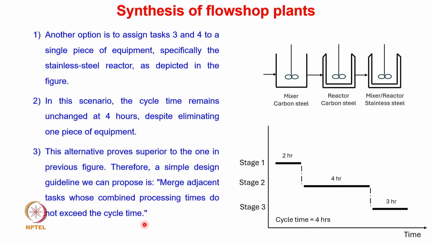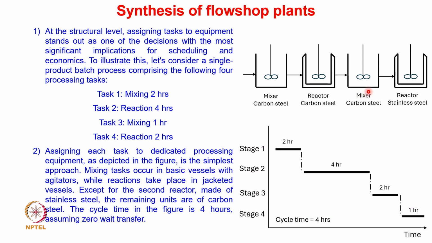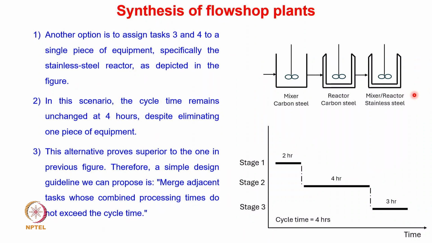I can combine these two stages, mixer and reactor, which take 2 hours and 1 hour, so that becomes 3 hours, and this is less than the cycle time of 4 hours, so I can combine these two in the last reactor itself. With this we have reduced one equipment, and because of that the capital cost will be reduced.